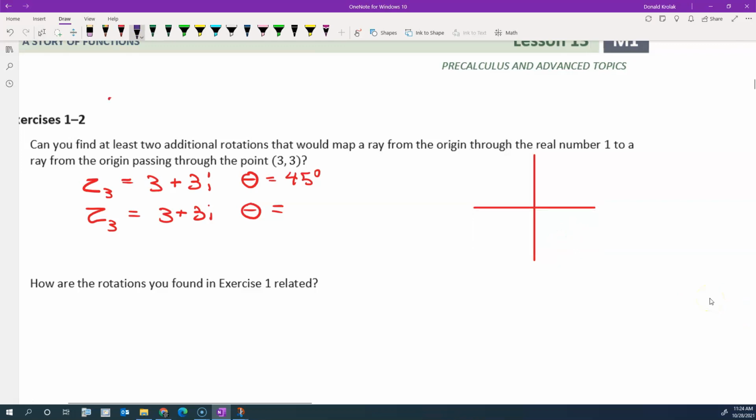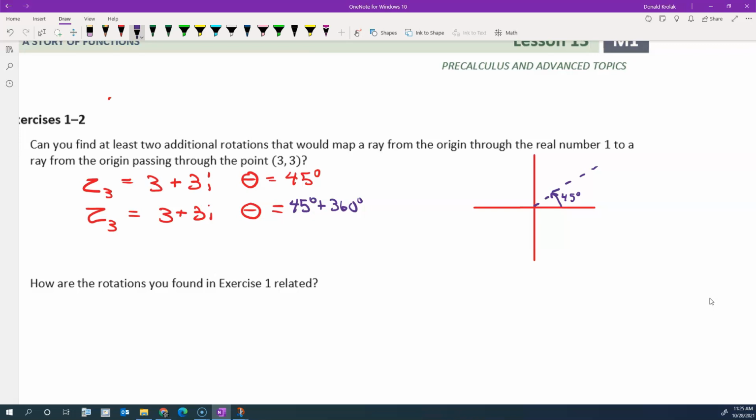So the first one was this, go 45 degrees. Go 405 degrees. How did you get that? 360 is a full rotation. Yep, exactly. So you could have gone 45 plus 360.